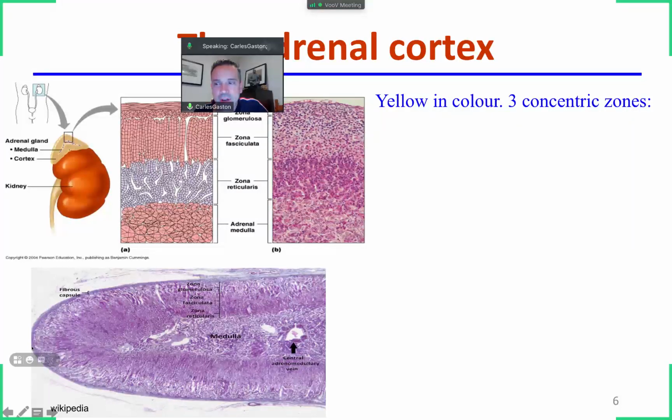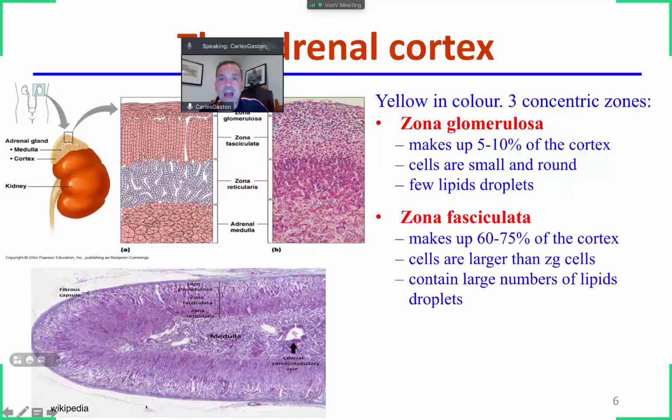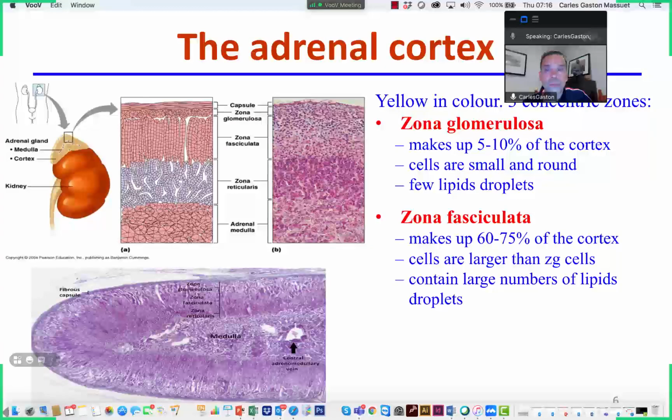Inside has the medulla and outside the cortex. If we do a cross section of the adrenal gland, there is a cartoon in A and a histological section stained with hematoxylin and eosin.